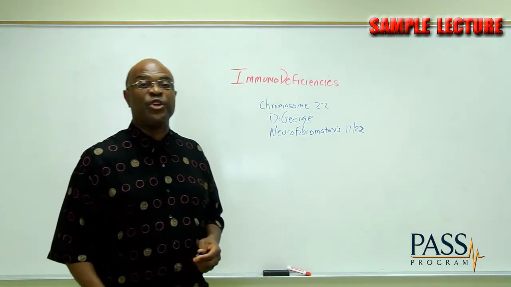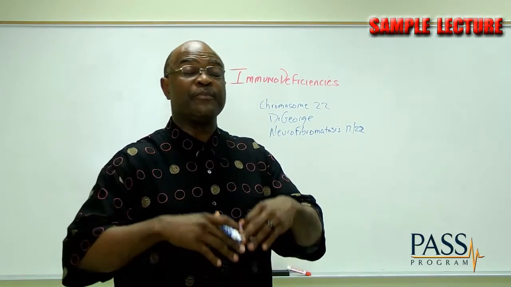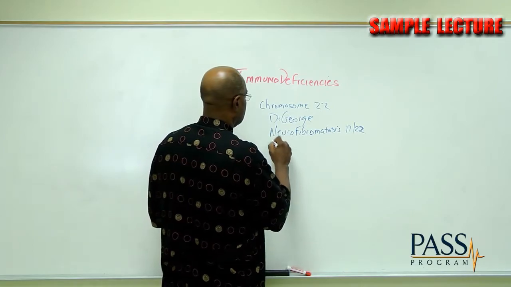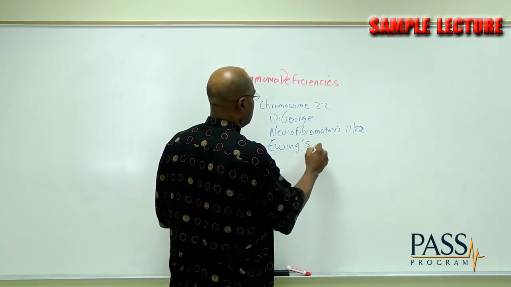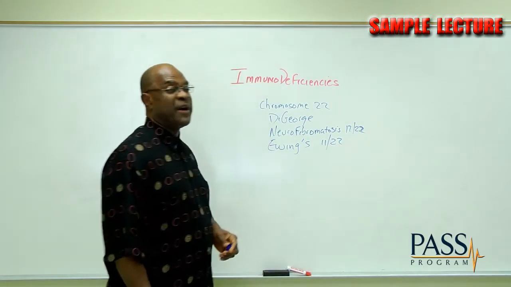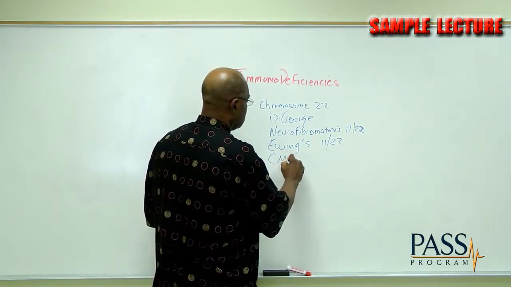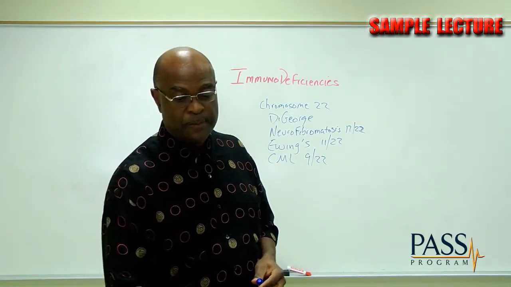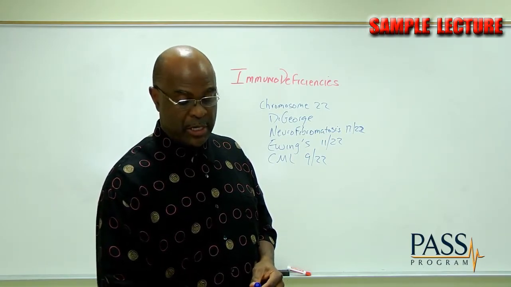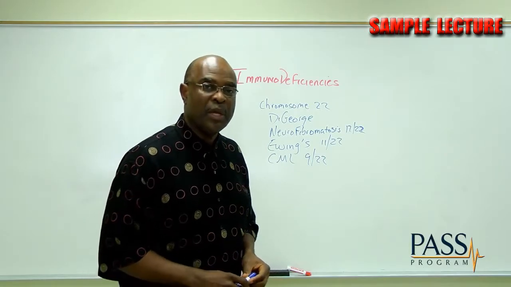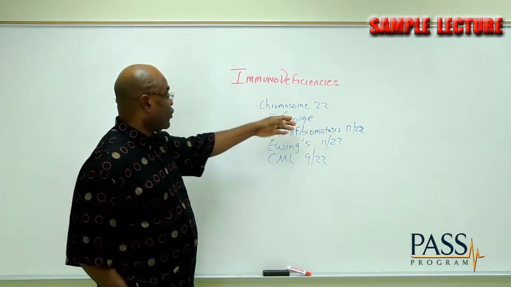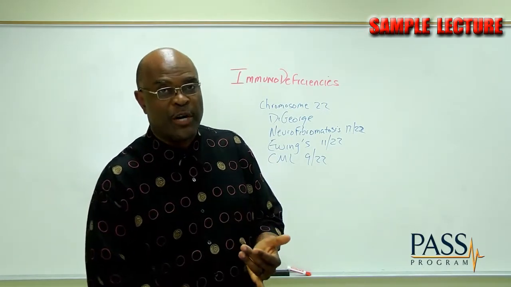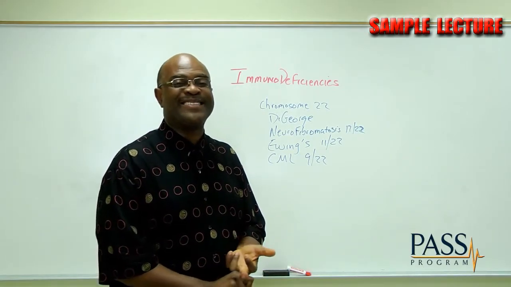Then we have another disease called Ewing's sarcoma, which involves chromosomes 11 and 22. And then finally we have CML, which involves the Philadelphia chromosome, chromosomes 9 and 22. So chromosome 22 has 4 bad genes running on it. Chromosome 22 is not your friend. Again, DiGeorge, Ewing's, neurofibromatosis, and CML.